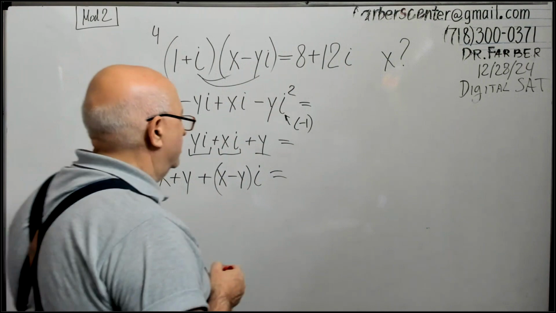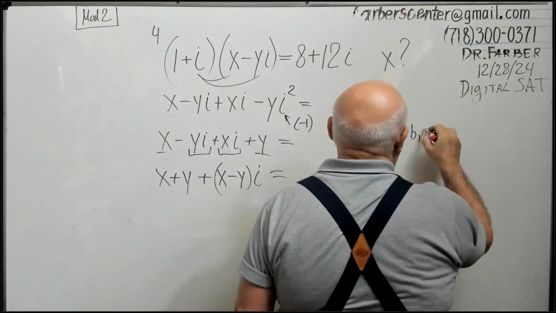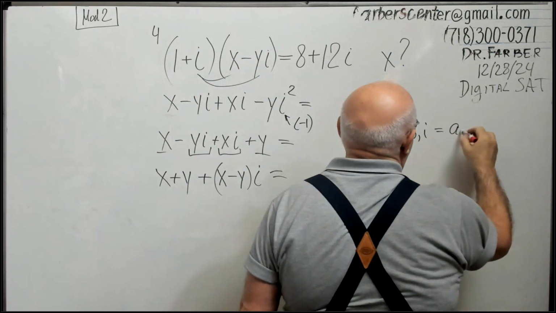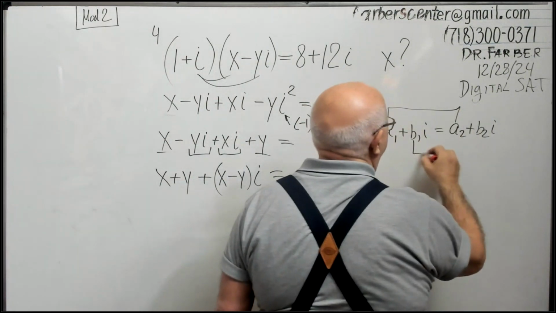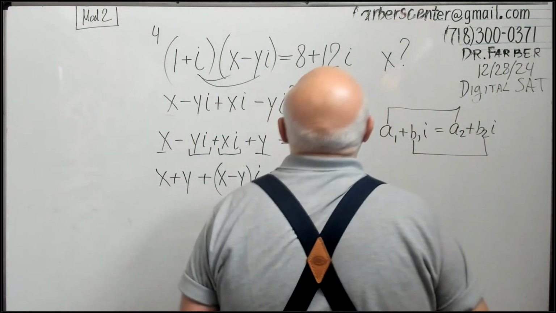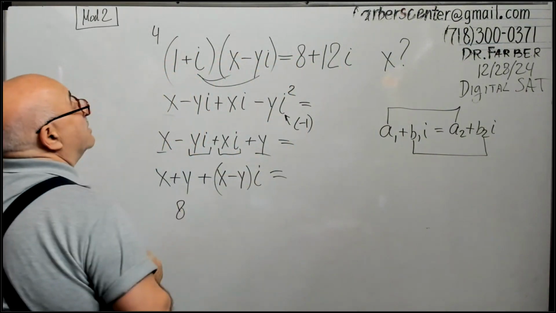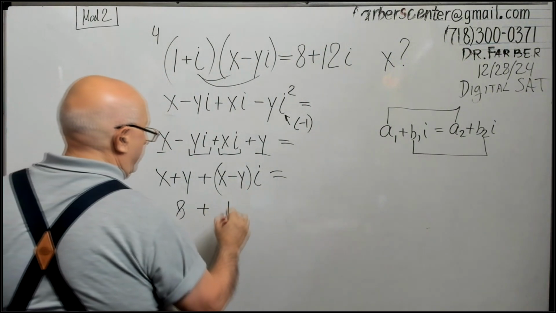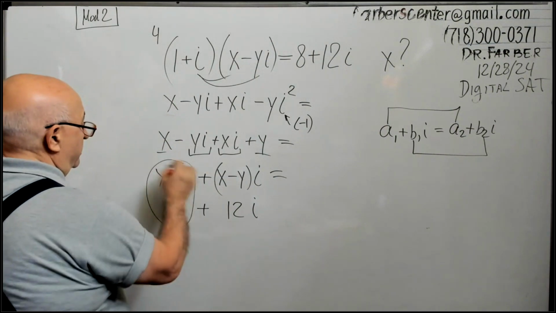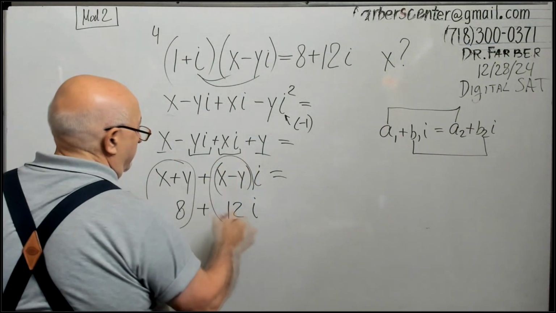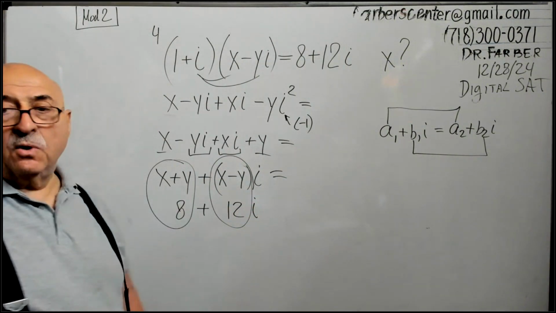By definition, two complex numbers A1 plus B1i equals A2 plus B2i when the real parts and the imaginary parts are separately equal. So line up this one: 8, the number without i, plus 12i. They are equal, and this equals this, and this equals this, by the definition of comparison of complex numbers.